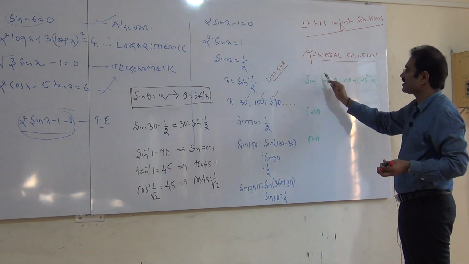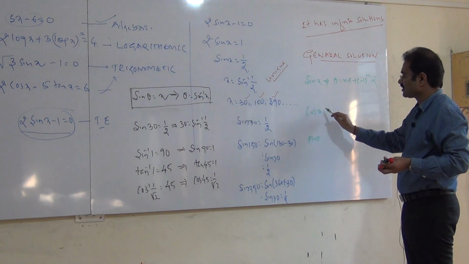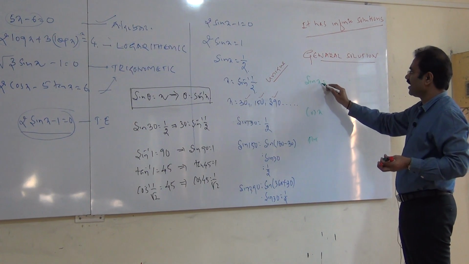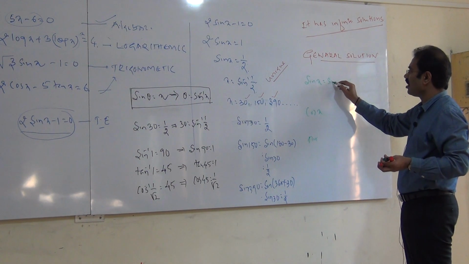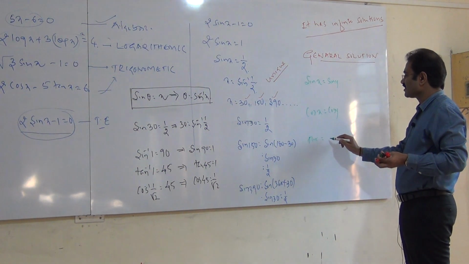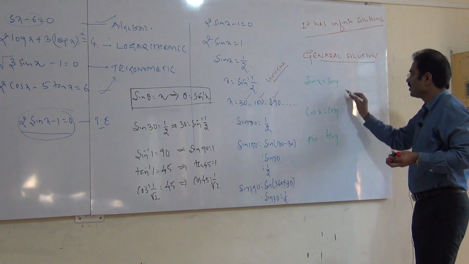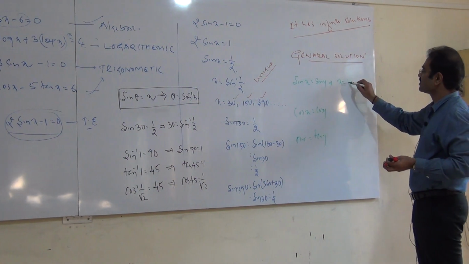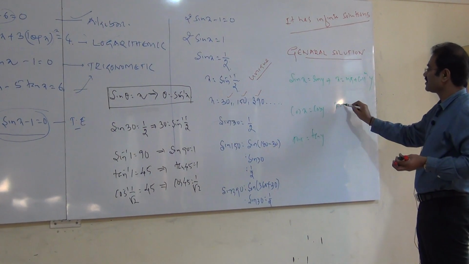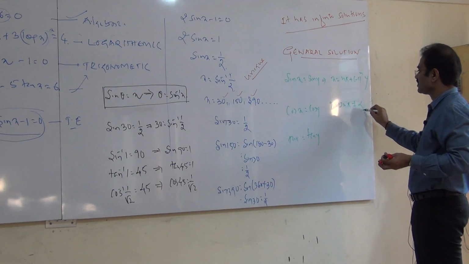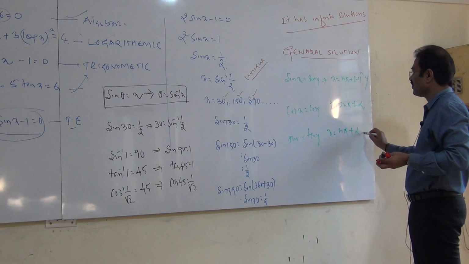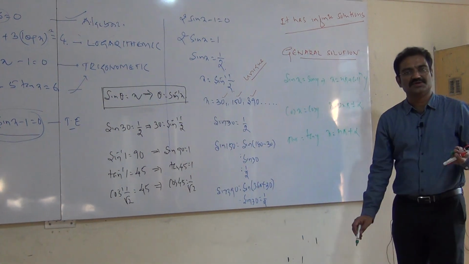Or if you write this with x, suppose sine x is equal to sine of y, or cos x is equal to cos of y, or tan of x is equal to tan of y, then we have the general solution. For sine, x is equal to n pi plus or minus 1 raised to n y. For cos, x is equal to 2n pi plus or minus alpha. For tan, x is equal to n pi plus alpha. So this is your general solution.